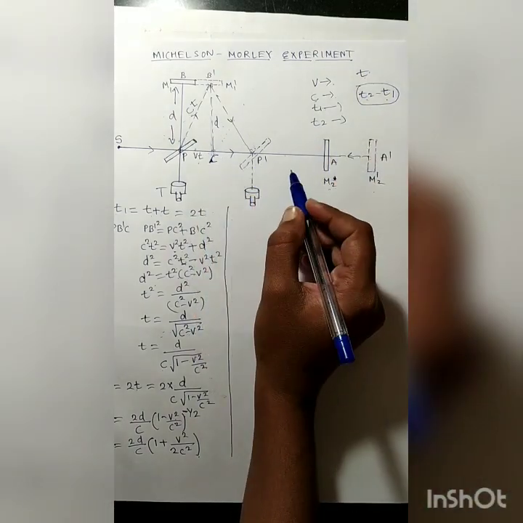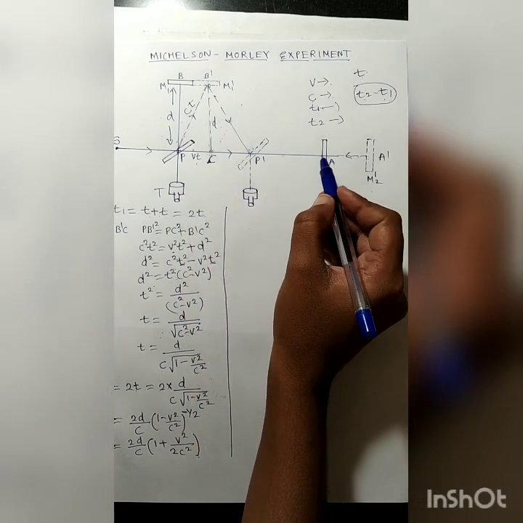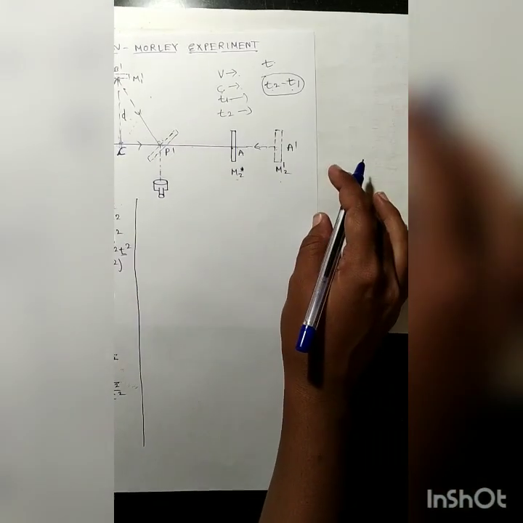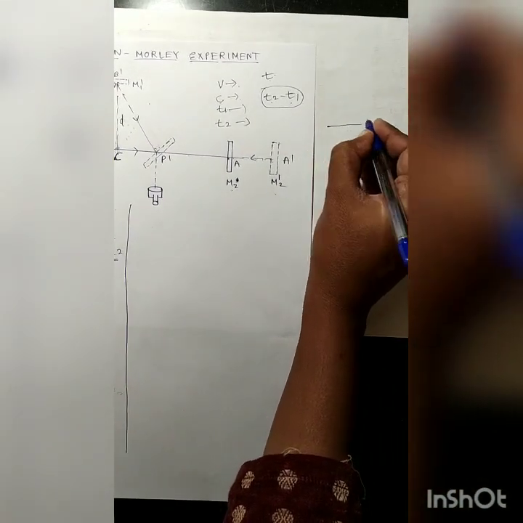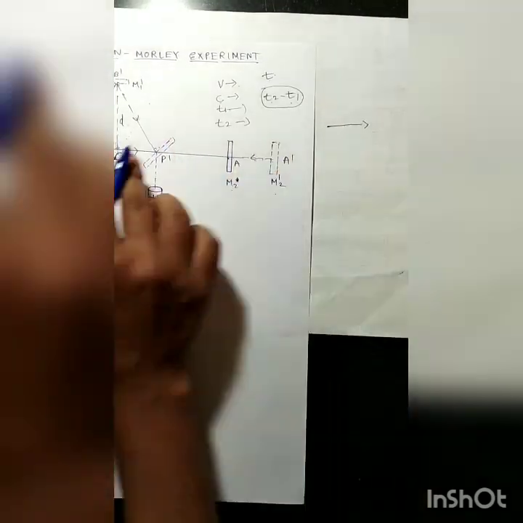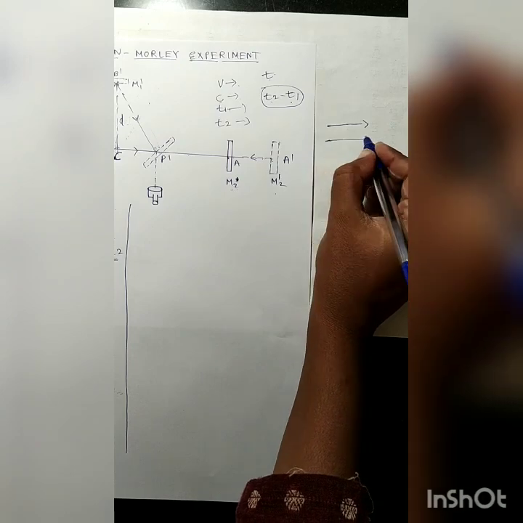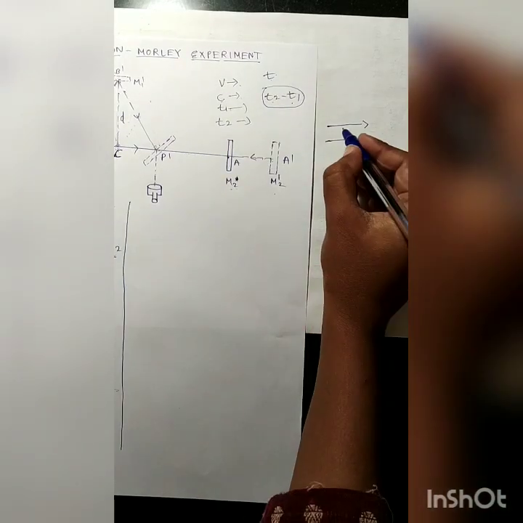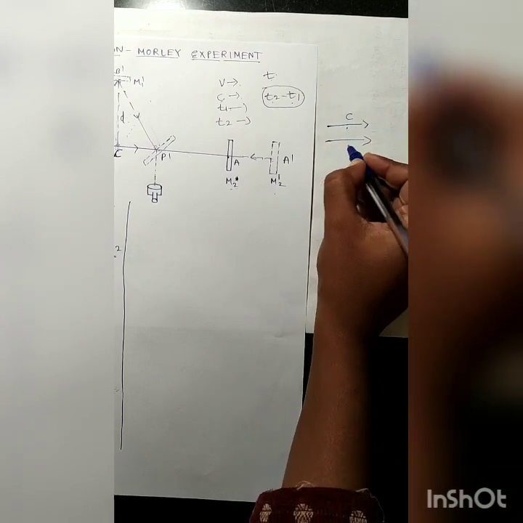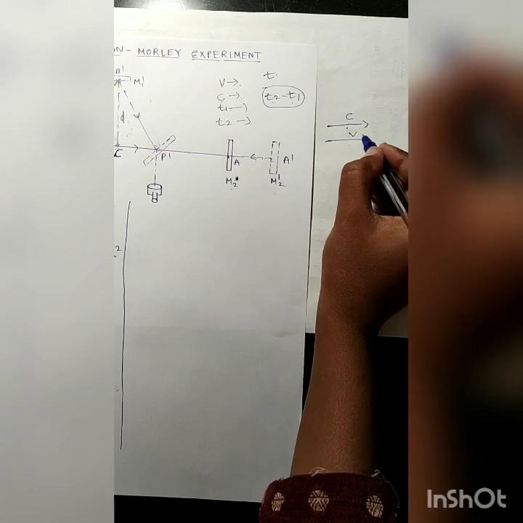If you see, first the ray will come from P and be incident on A. The light ray is coming in the positive direction of the x-axis, and at the same time the setup is also moving along the positive direction of the x-axis. The light ray is moving with velocity c, and the setup is moving with velocity v, both in the same direction.